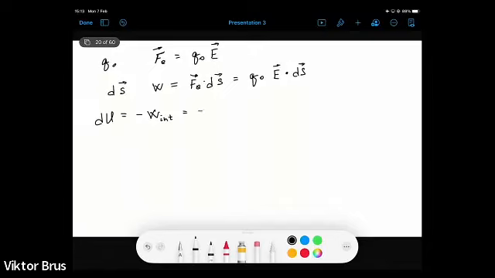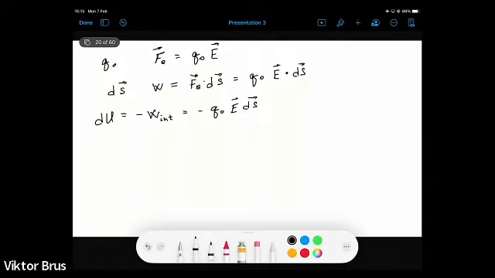And that will be equal to minus Q naught times E vector dot ds vector. Okay, so we defined how potential energy changes, but that is some small change of potential energy along a very small displacement vector, ds.